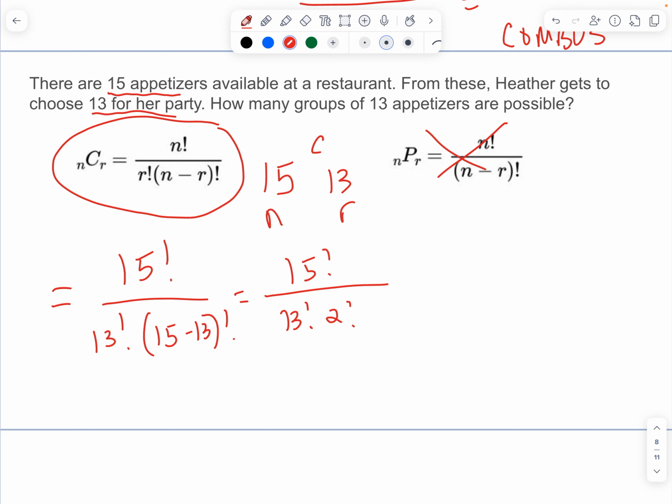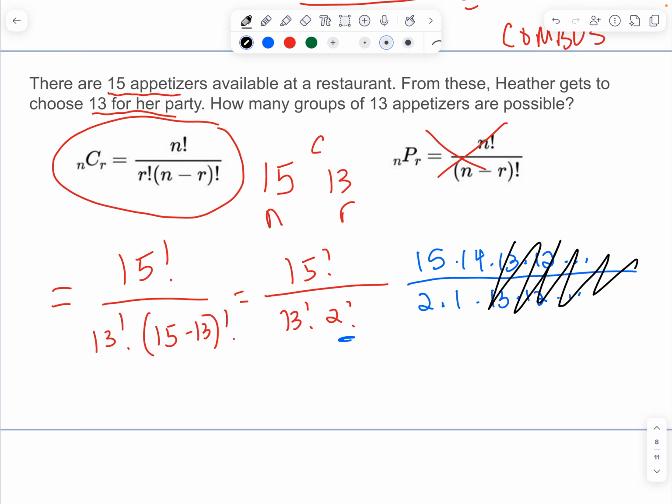All right, so if we were to write this out, let's choose blue here. We've got 15 times 14 times 13 times 12, and that's going to keep on going. Down the bottom, we have 2 times 1. That's that 2 factorial. And then we have 13 times 12, dot, dot, dot. So the fun part is you get to cancel out the 13 and below.